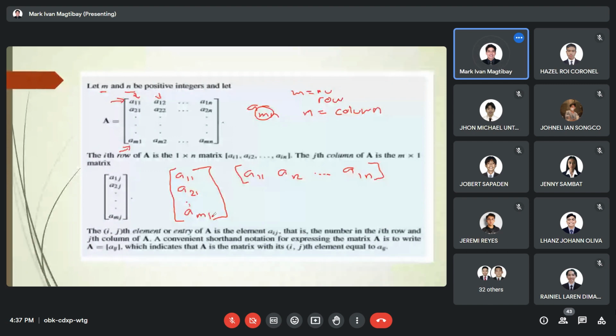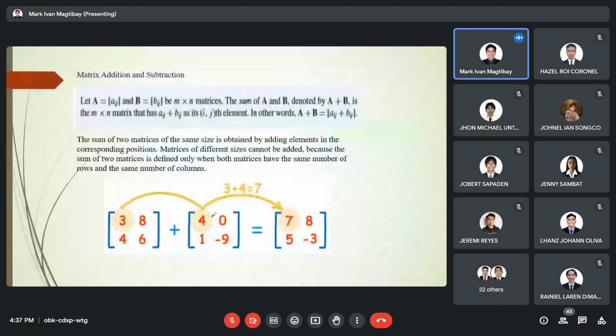Okay? So, dako po tayo sa first operation natin, which is yung addition and subtraction po natin. Na madali lang naman po natin matatandaan nito. Hindi na po natin kailangan basahin po itong buong description niya. Pero, the gist of it is meron lang po tayong rule na kailangang sundin.